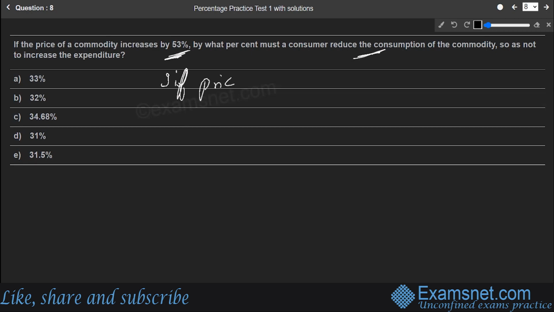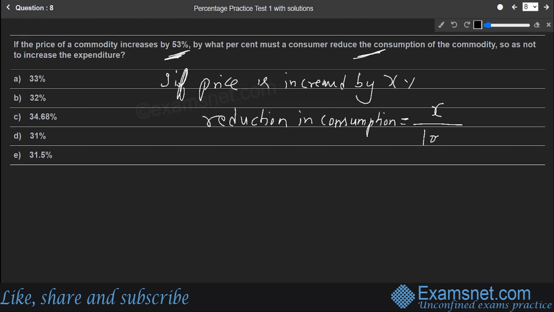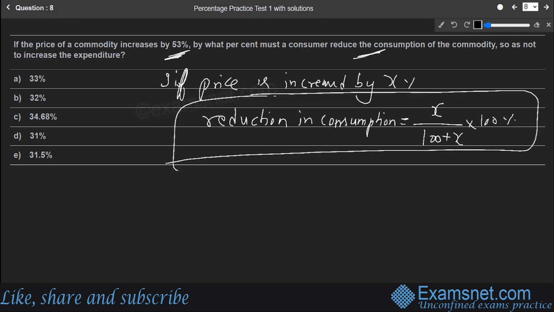If the price of a commodity is increased by, let's say, x percent, then how much reduction in consumption I should make so that my budget is not disturbed and I can dedicate the same amount to this particular commodity's consumption as I was doing earlier. The reduction in consumption can be calculated by x over 100 plus x into 100%. So this is the formula. Let us just use it.